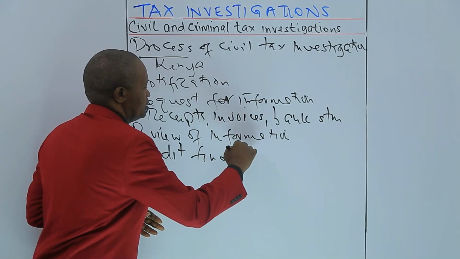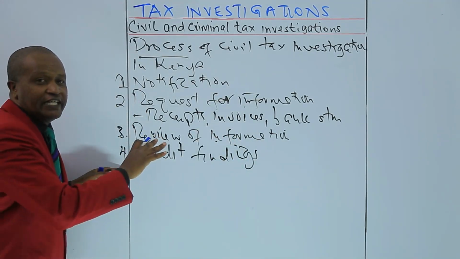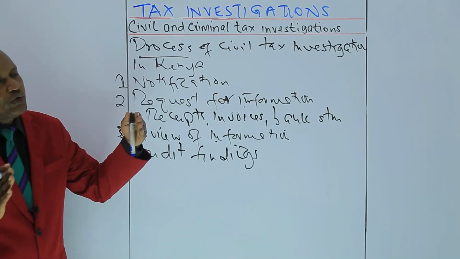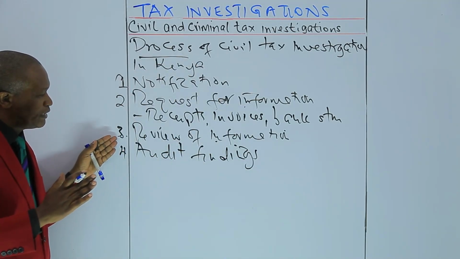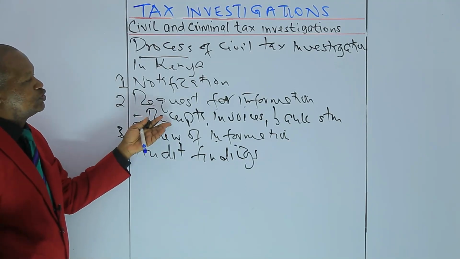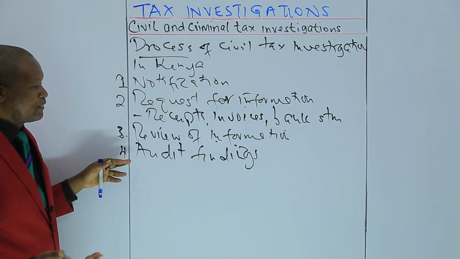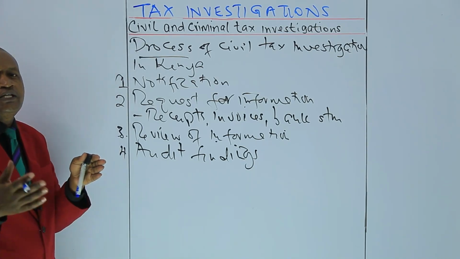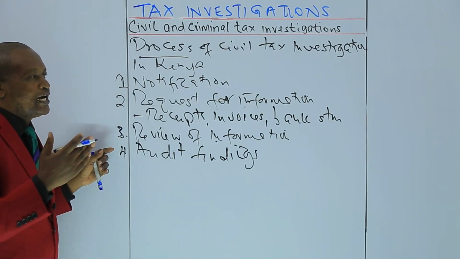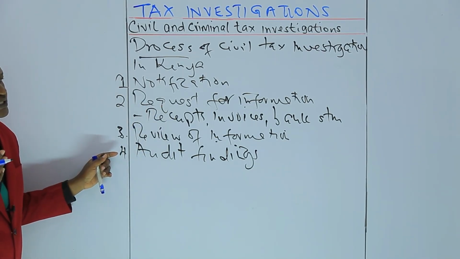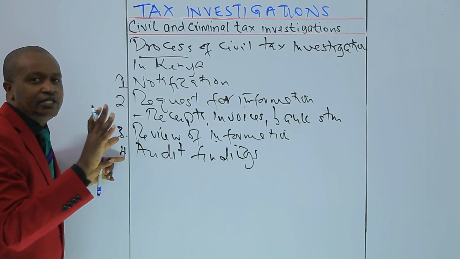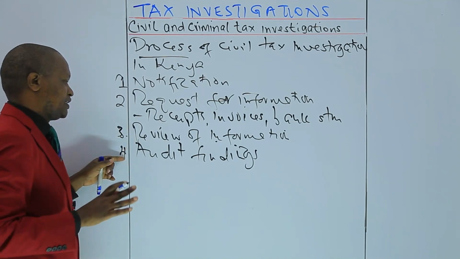Here, candidates, based on the review in step number 3, review of information that has been submitted, which could be the receipts, invoices, bank statements, and so on, the Revenue Authority will issue an audit report outlining any discrepancies or errors found in the taxpayer's tax return.